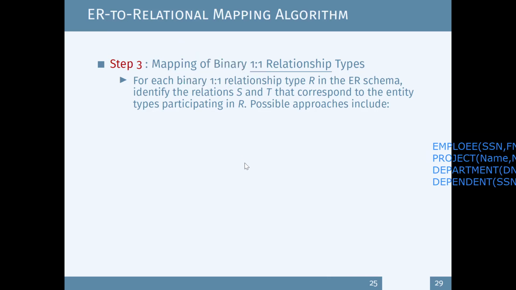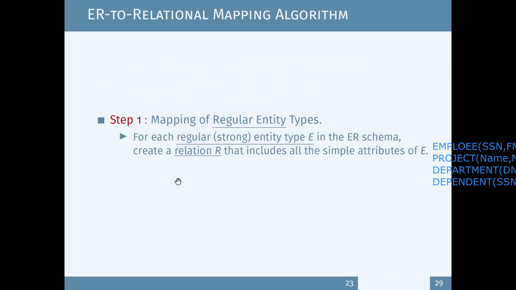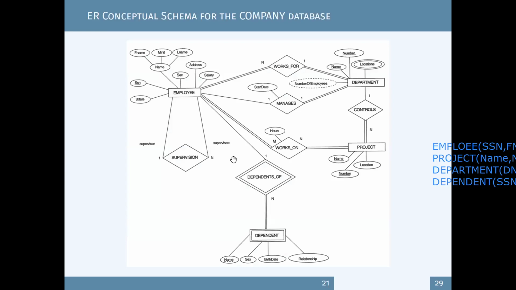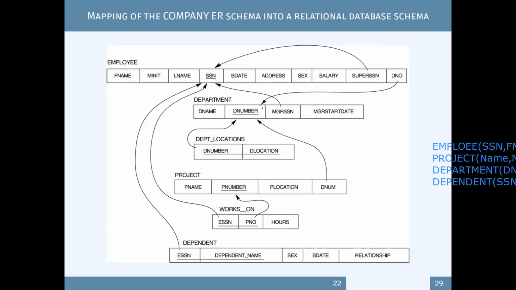So the first one is, how do you map one-to-one relations? If you go back to our diagram, we can see how many one-to-one relations we have. Only this. When you have one-to-one relation, this is how we are going to map.